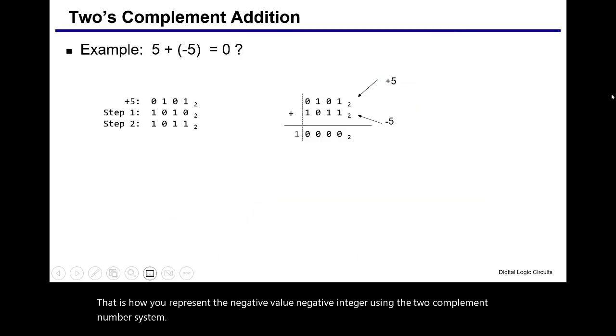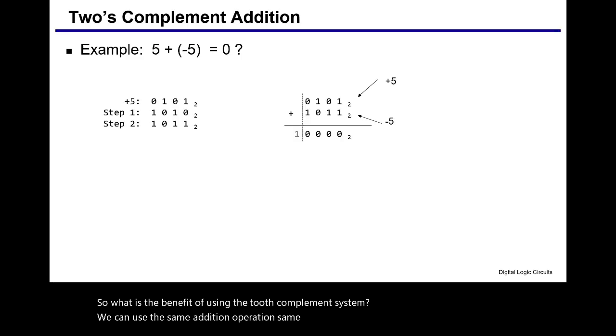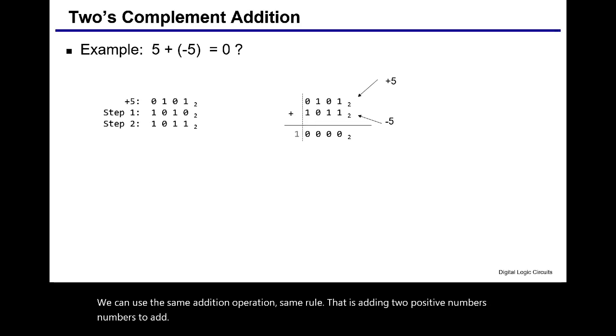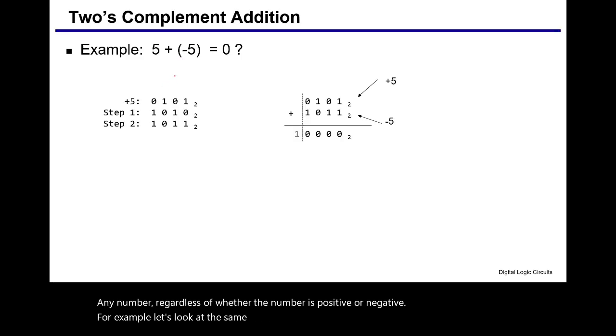So what is the benefit of using the two's complement system? We can use the same addition operation, the same rule that is adding two positive numbers, to add any number regardless of whether the number is positive or negative. For example, let's look at the same example here.